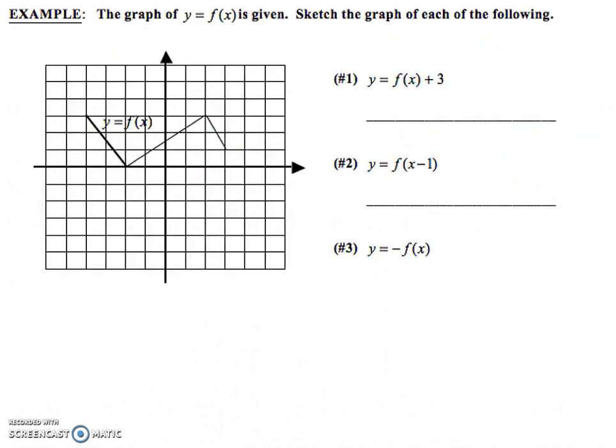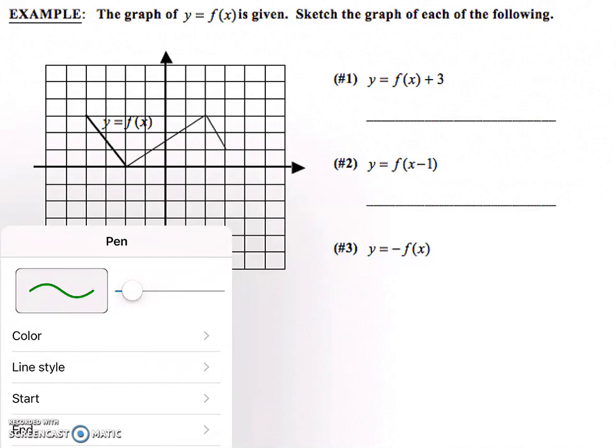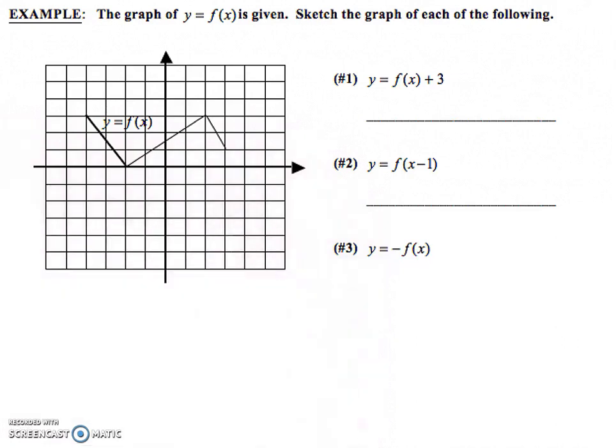And again, that's the trickiest one, and we'll talk about that one, and we'll do a couple examples of that together. Okay, so for our last thing here, we've got a graph of some function f of x is given, and they want us to sketch the graph of each of the following. So this is where having a couple different colors really comes in handy here. So I'll do my first one in green. That +3 is just going to be a vertical shift up 3. That +3 is a k value.